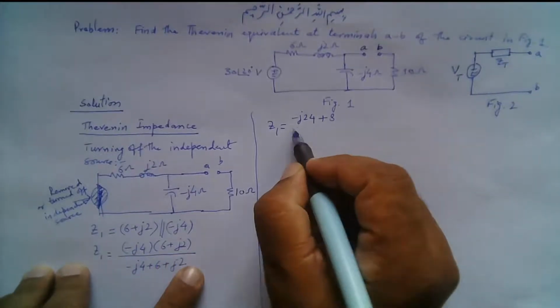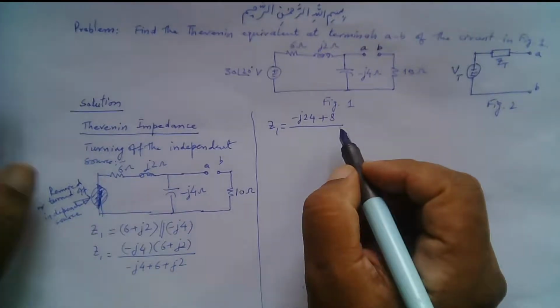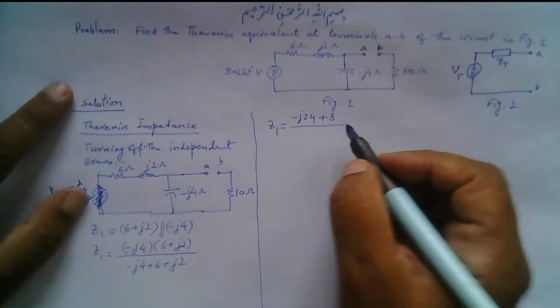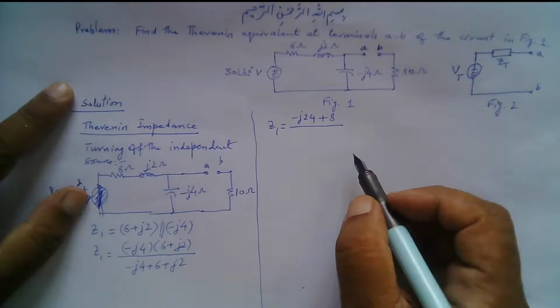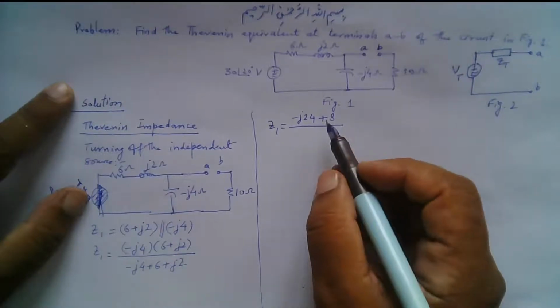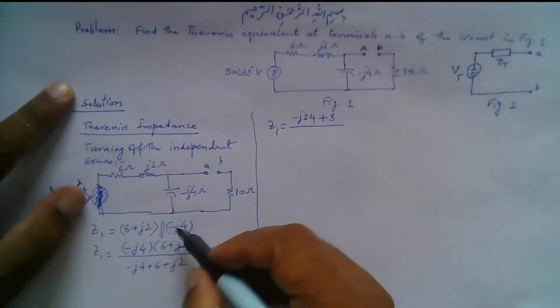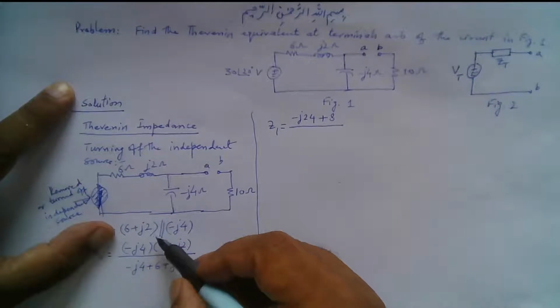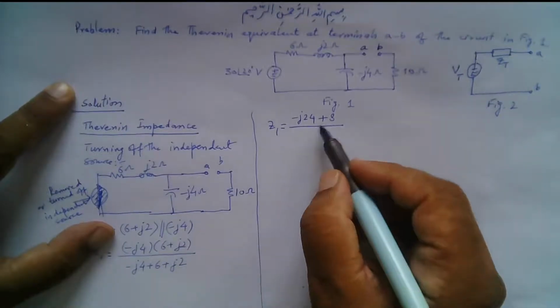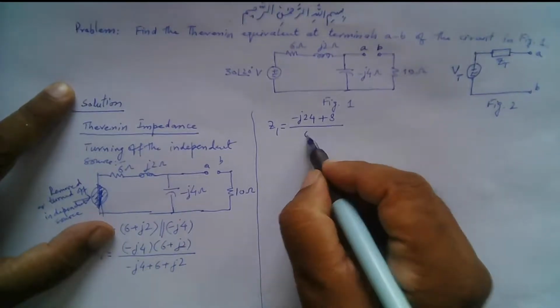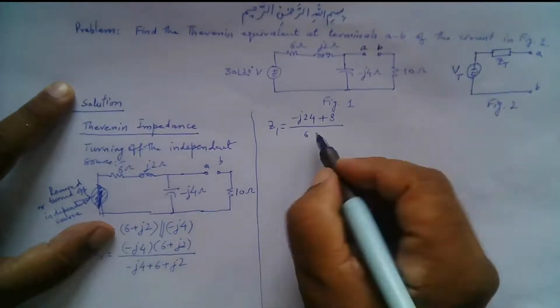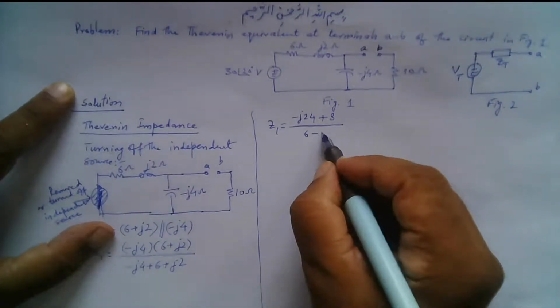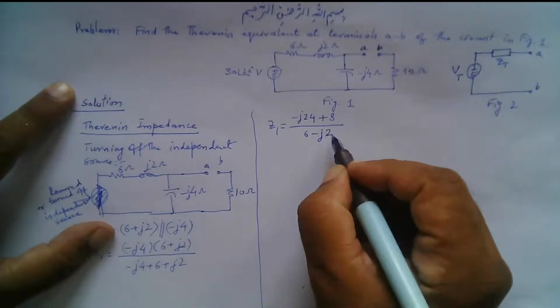Divided by 6 plus J2 minus J4, so minus J24 plus 8. So 6 and 6, minus J2 minus J4 plus J2, so that will be 6 minus J2, right?